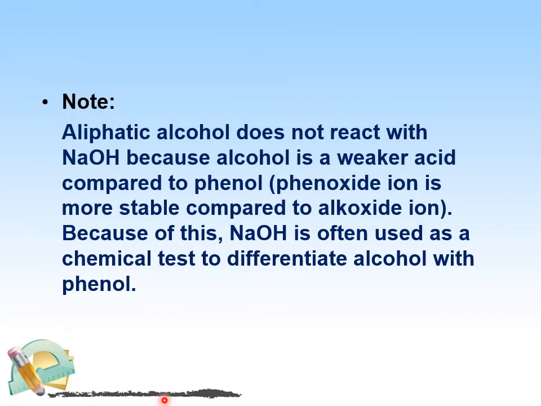So why does alcohol not react with sodium hydroxide? It's because alcohol is a weaker acid and alkoxide ion is less stable compared to phenoxide ion. Due to this reason, sodium hydroxide is often used as a chemical test to differentiate aliphatic alcohol from phenol.